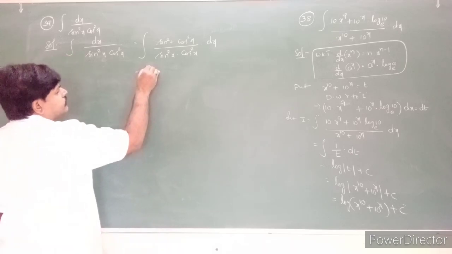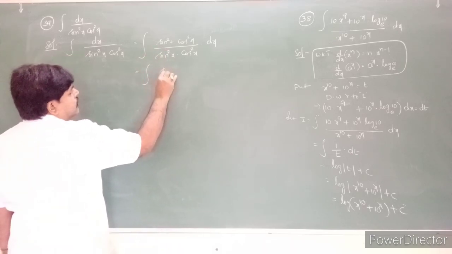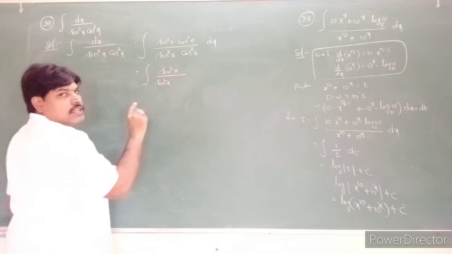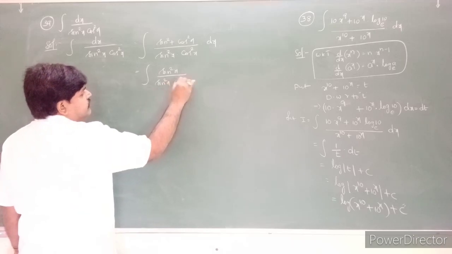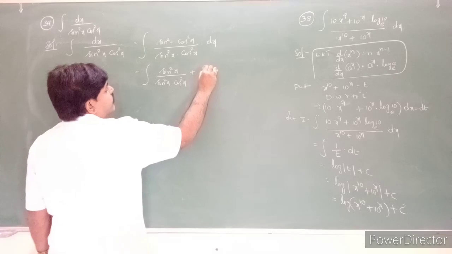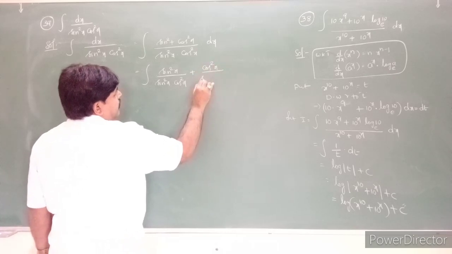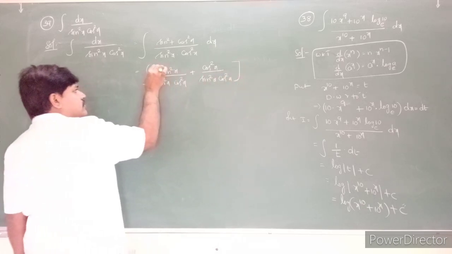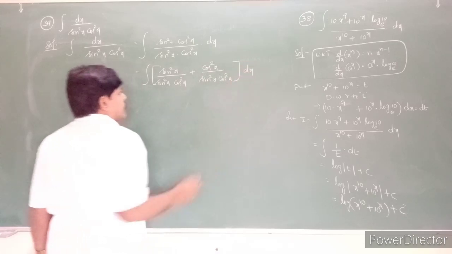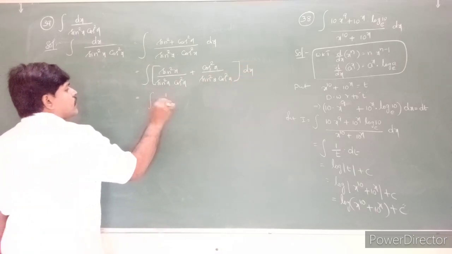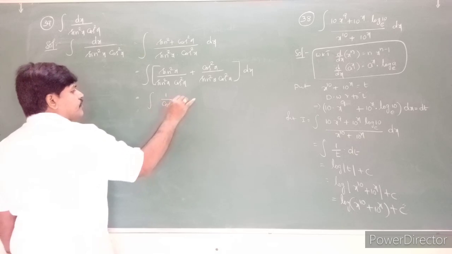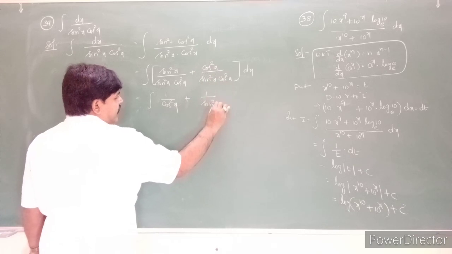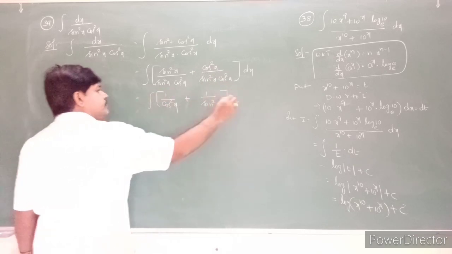So we can separate the terms here: sin square x by sin square x into cos square x, plus cos square x by sin square x into cos square x, into dx. What happens, students: the integral of 1 by cos square x plus the integral of 1 by sin square x into dx.